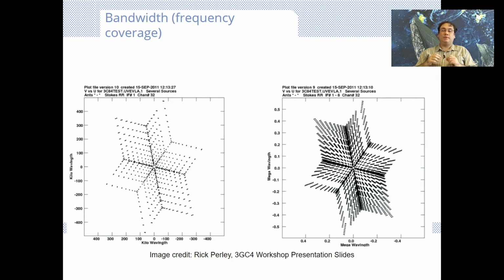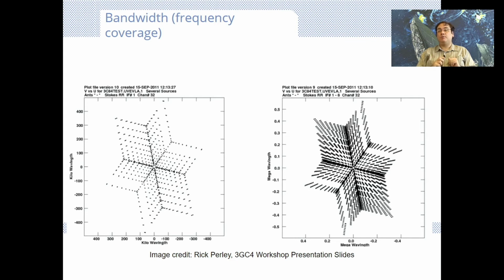So you can see that for a very fine bandwidth, with only a few channels in it, the samples are just points on this UV space. Whereas if we increase our bandwidth considerably, then we start capturing more and more samples along the radial direction in this UV space. So that is another way of increasing the number of samples in this space.